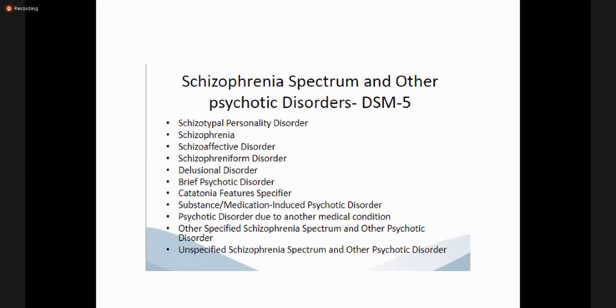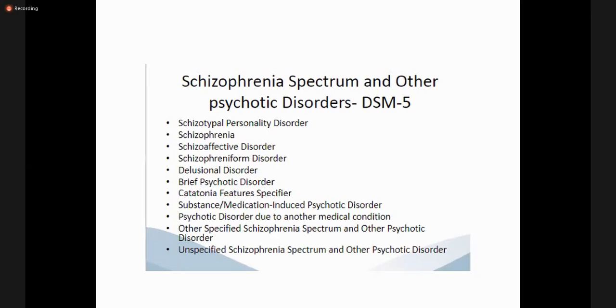So one type is schizotypal personality disorder. This is basically a disorder of the personality, and the signs and symptoms start to become more obvious after adolescence. However, during childhood, the person might have some sort of different personality.